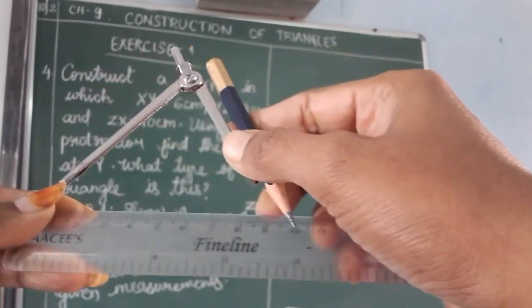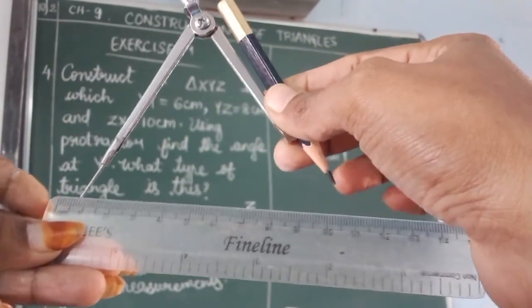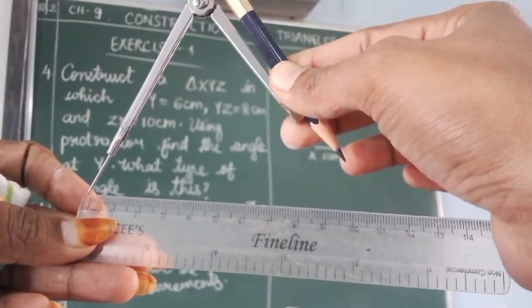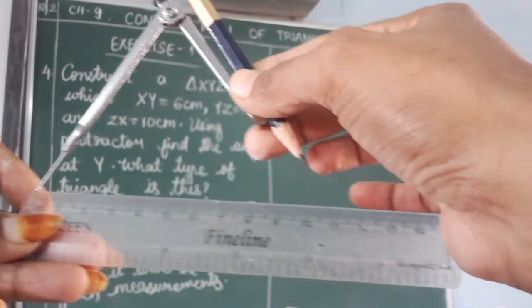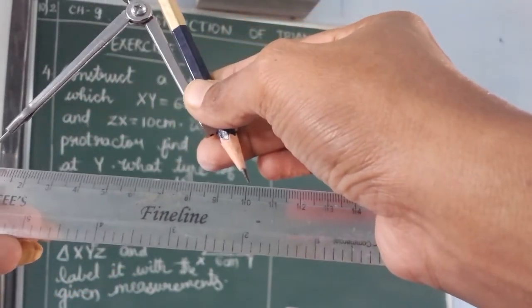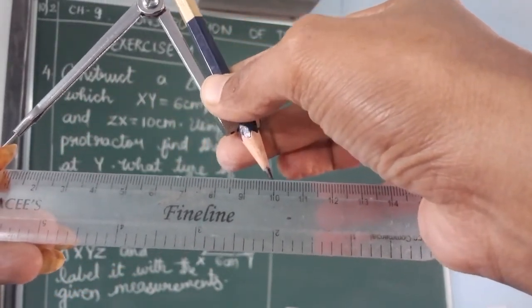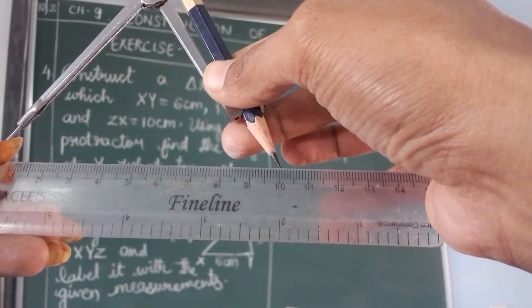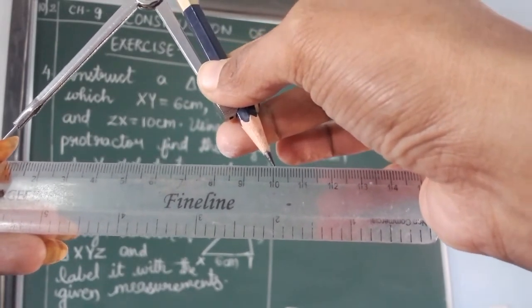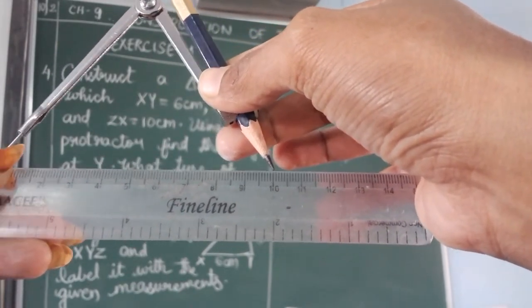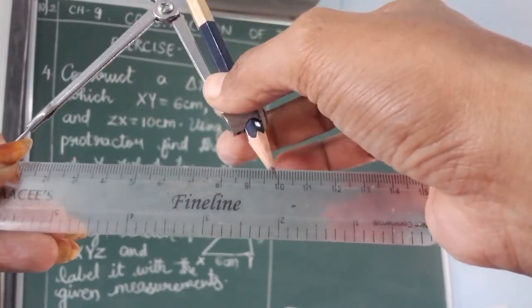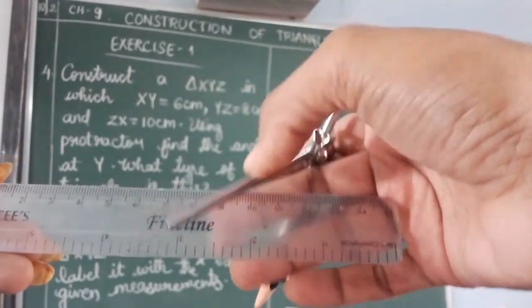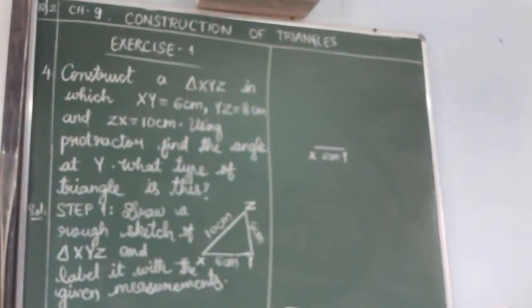Okay, 10. So from the beginning I am going to show. So here from 0 to 10. From 0 to 10 you have taken the measurement. Now X as the center you are going to draw an arc of 10 centimeters. Okay, let's do that.